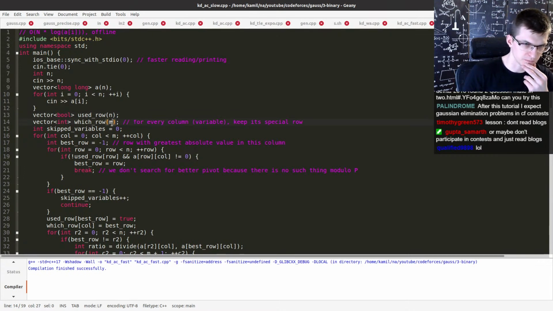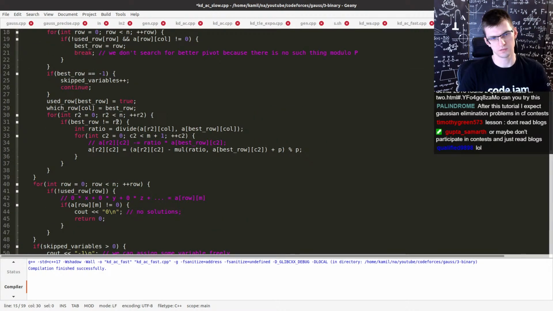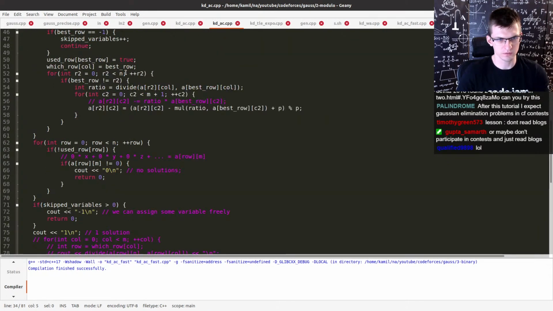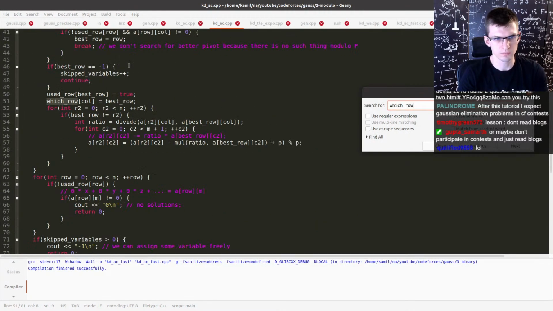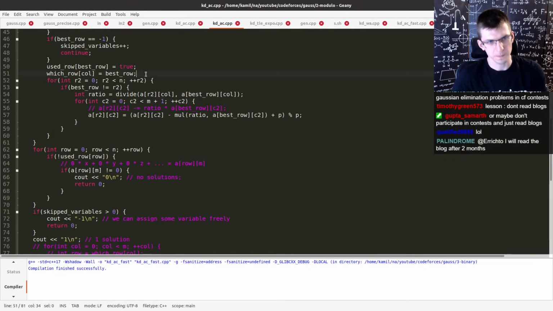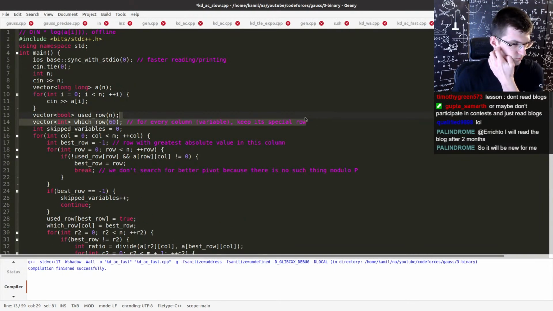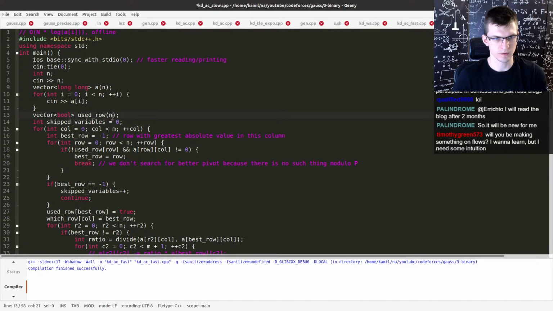Which row of M? Should I just type here 60? Well, I don't need that. Maybe I should leave it. But same in the previous problem. Did I use which row? Yeah, I didn't use it. So that's unnecessary there. But this I might need.